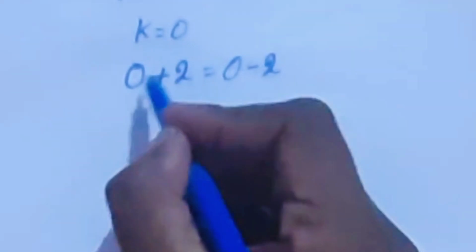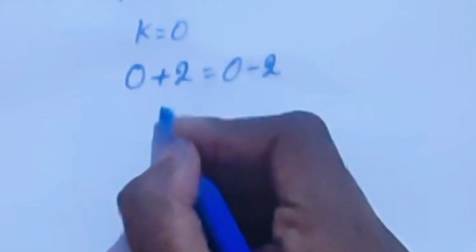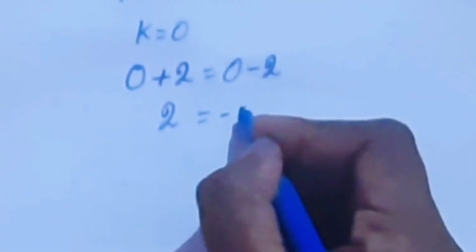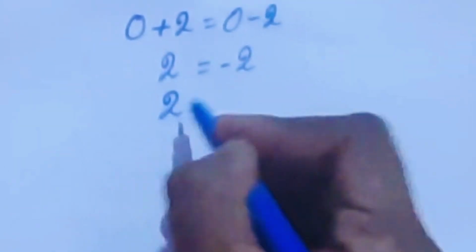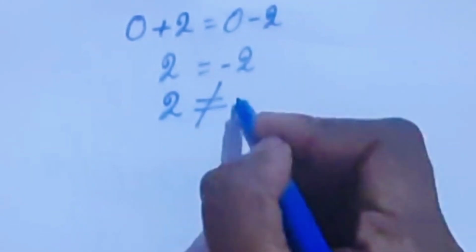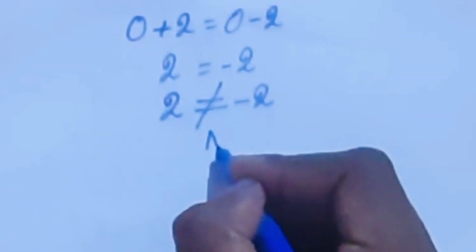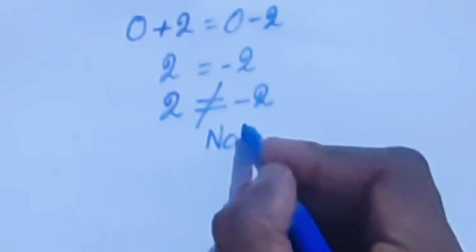Here 0 plus 2 is 2. Right hand side 0 minus 2 is negative 2. So 2 is not equal to minus 2. So this is not a solution.